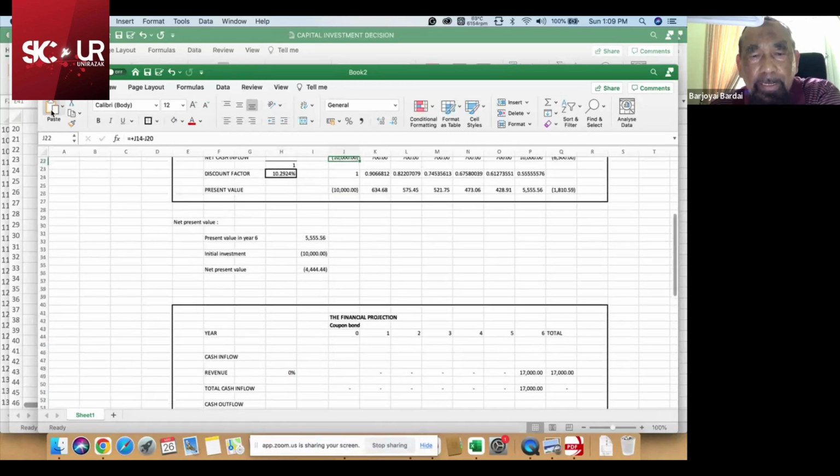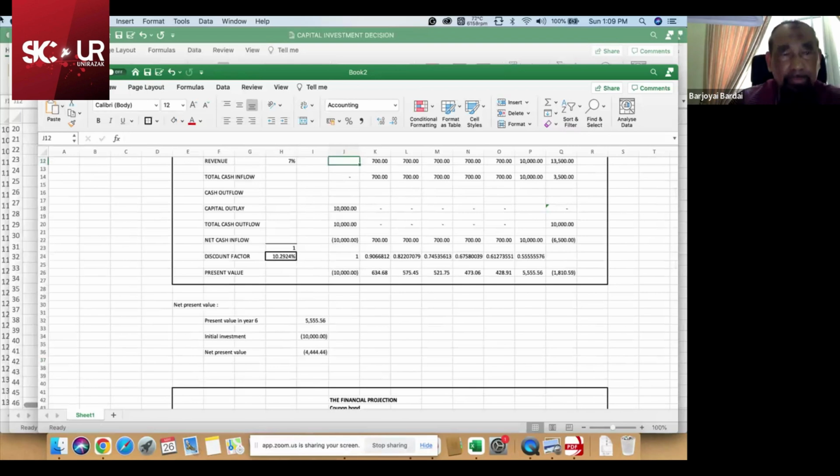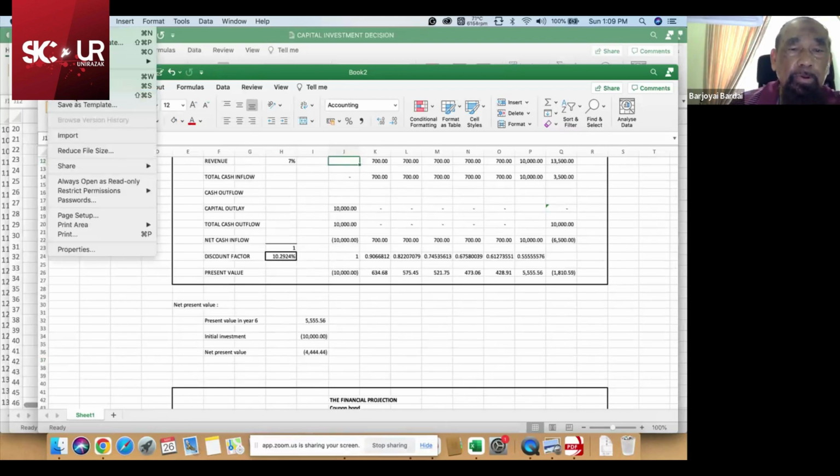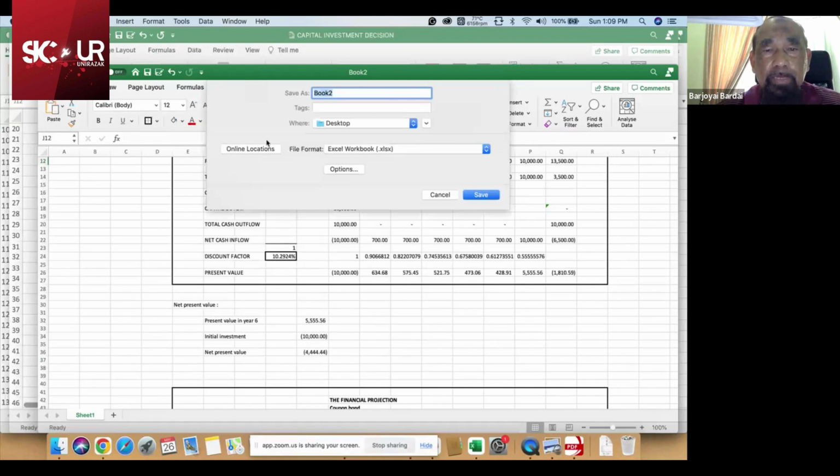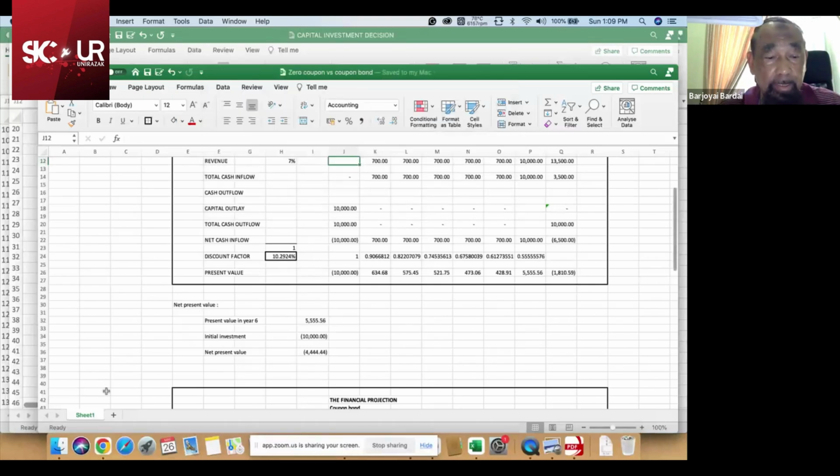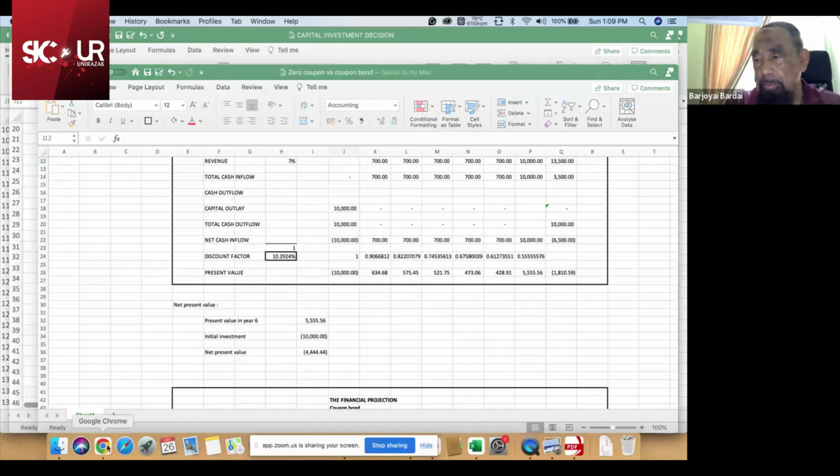Coupon bond and zero coupon, right? So basically zero coupon versus coupon bond.